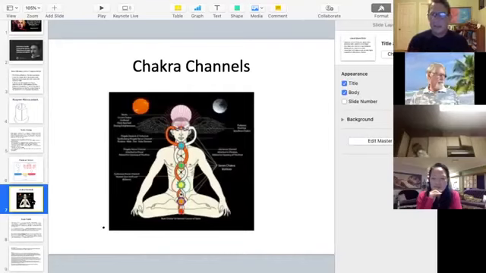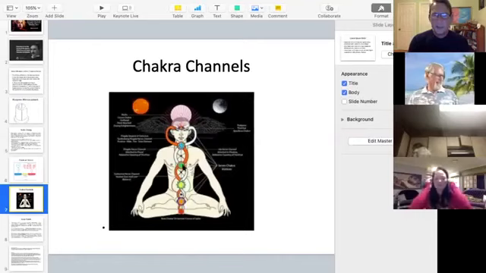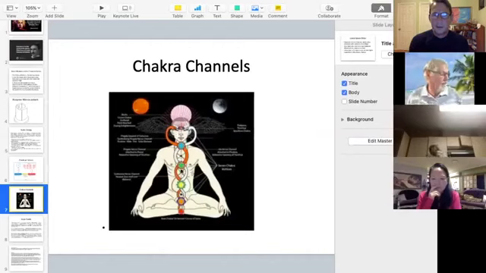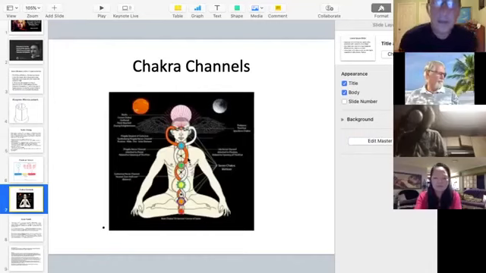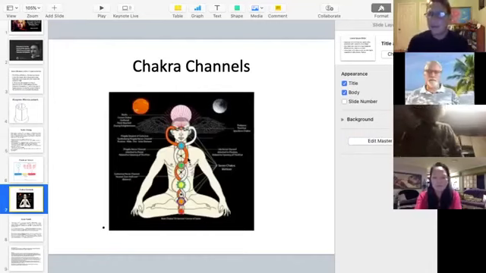This diagram shows that these individual seven chakras are linked up with a type of channel that oscillates between each of the chakras. So these are the chakra channels that connect the flow of energy in the different layers of consciousness.